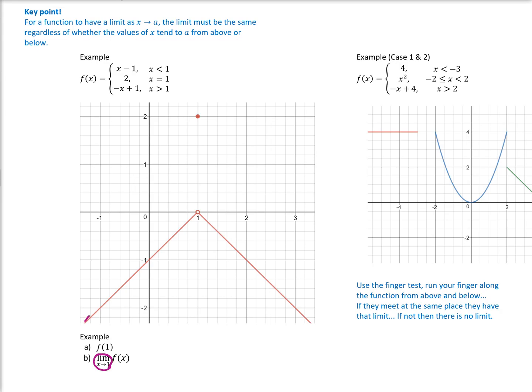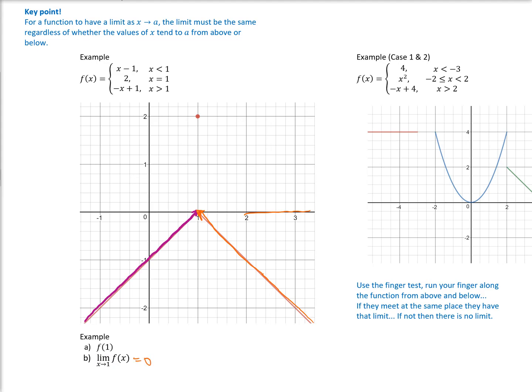So as I get closer and closer to 1 from below, the function gets closer and closer to 0. From above, it gets closer and closer to 0. Therefore, the limit as x tends to 1 of the function is 0.